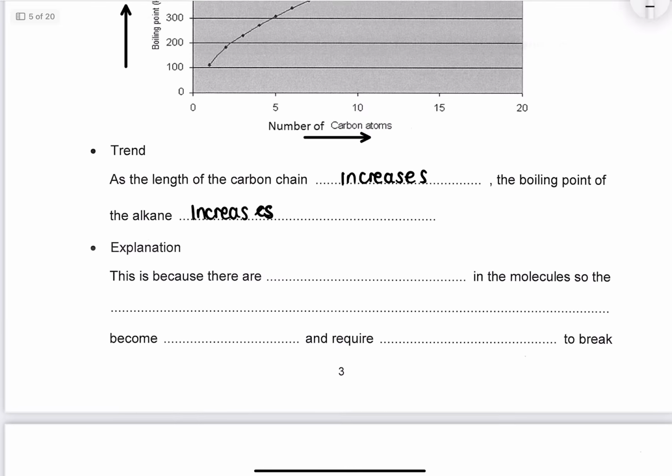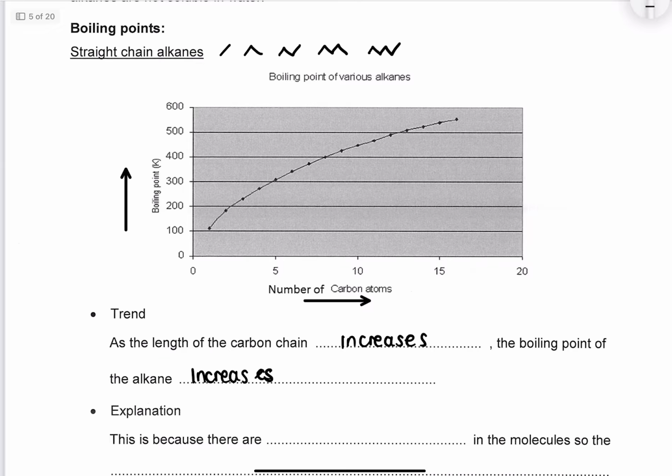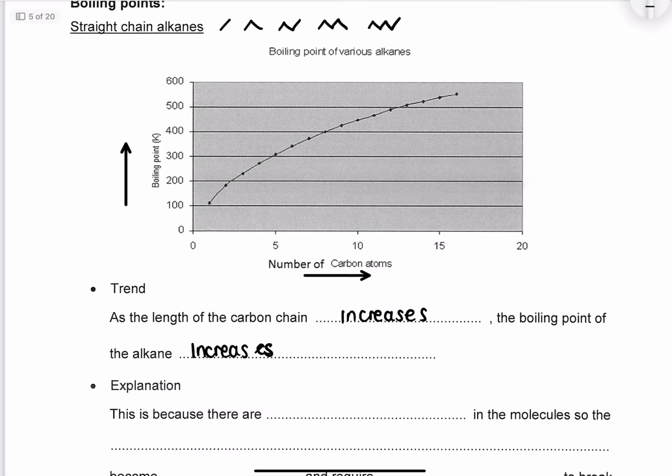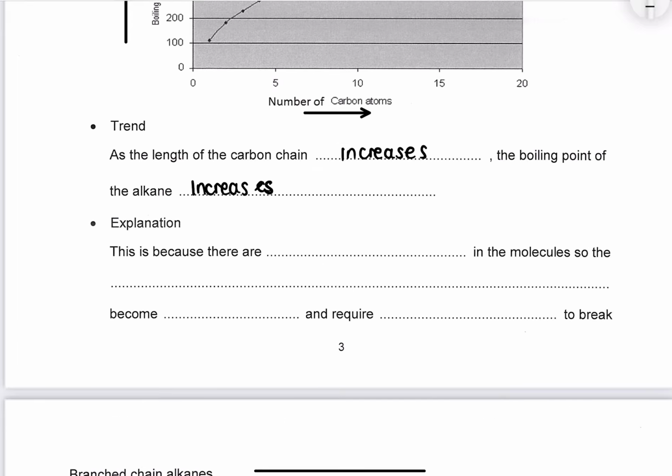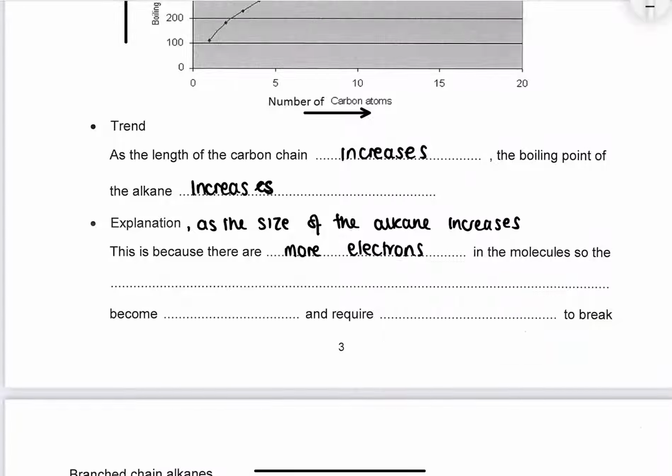Remembering that they only have van der Waals forces between the molecules, as the molecules get bigger, as there are more carbons, there are going to be more electrons. Remember, van der Waals is the movement of electrons creating a temporary dipole. So I might just write that: as the size of the alkane increases, there are more electrons in the molecules.